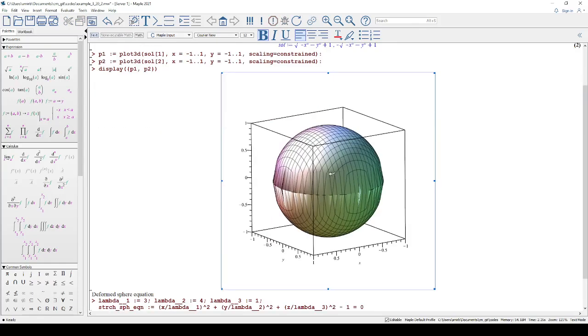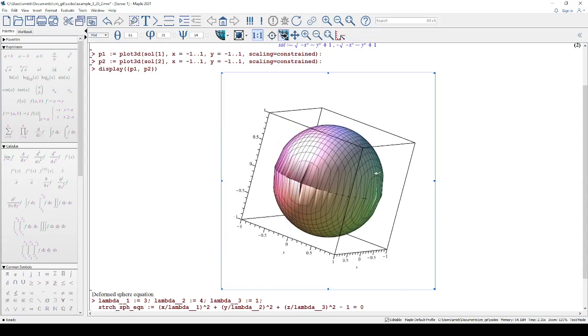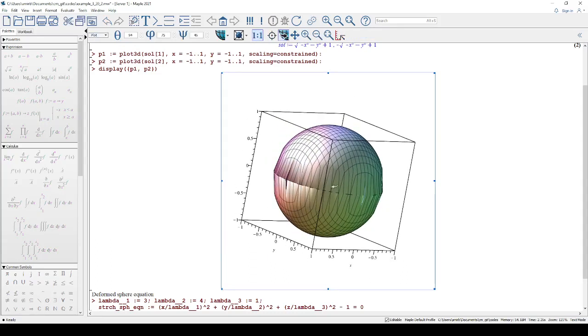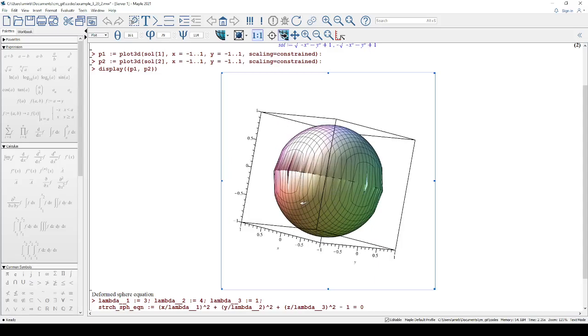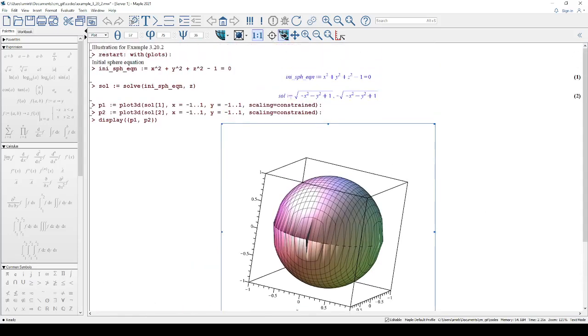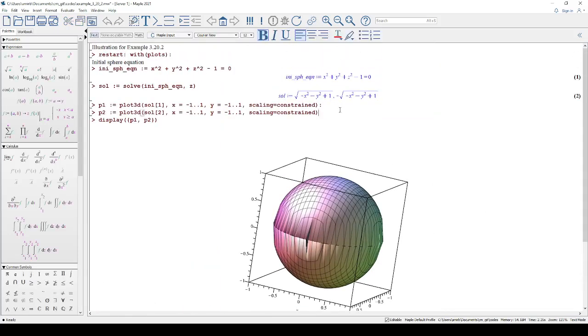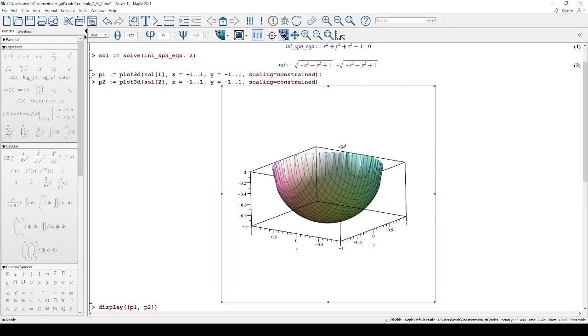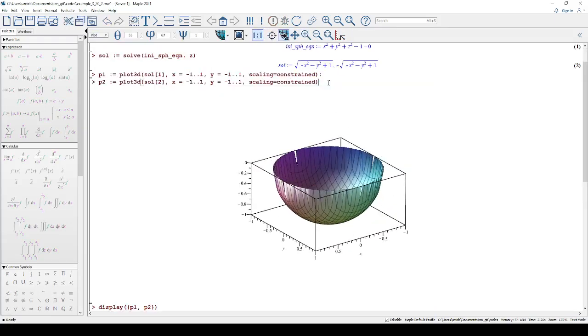And here I show both of them. As you see, we have a sphere where the upper represents solution 1 and the lower represents solution 2. If you want a better idea, you can just remove this colon here. So you see that here we have the lower half.